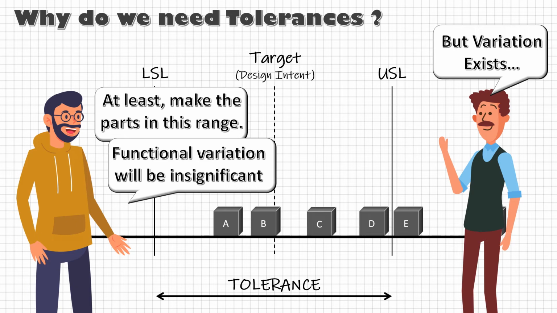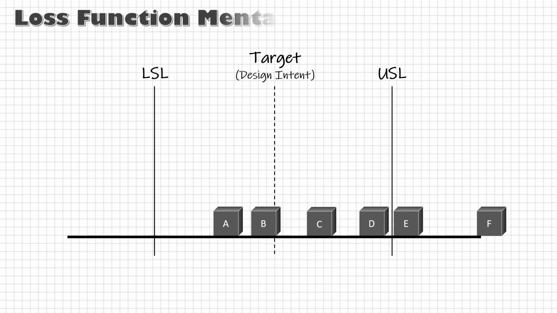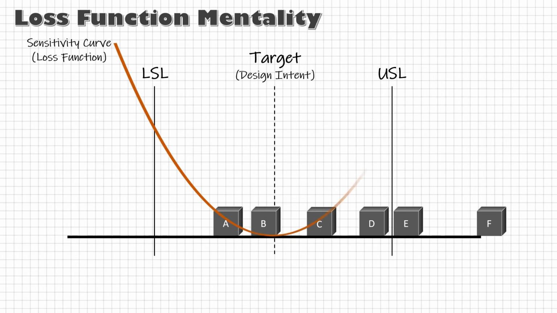But that doesn't mean all parts within the tolerances are equally good. The quality professionals suggest loss function mentality, where we plot a loss function curve in this goalpost. The farther a product lies from the intended target, the more will be the loss in function in terms of time, cost, or efficiency.